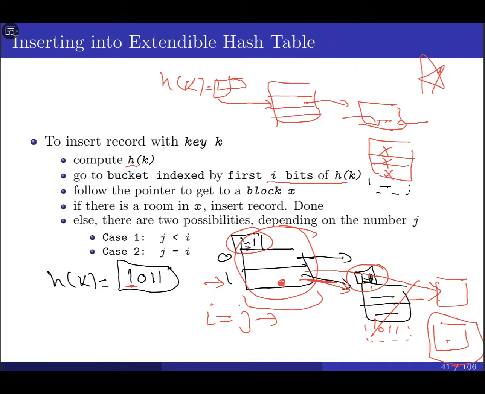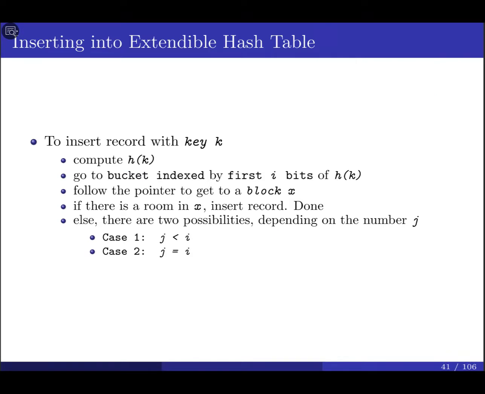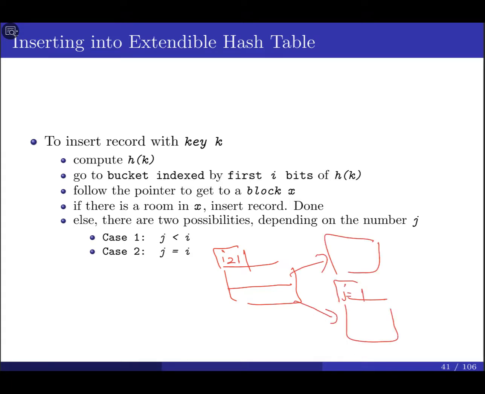Now the second scenario, the easier one. We have i equal to 2, with many buckets: 0 0, 0 1, 1 0, 1 1, and j equal to 2 for some of them.